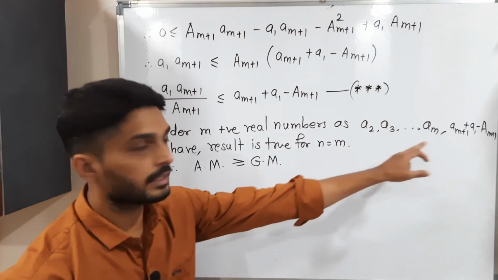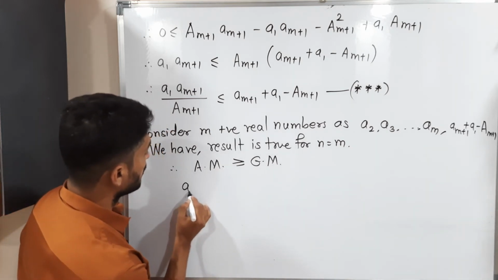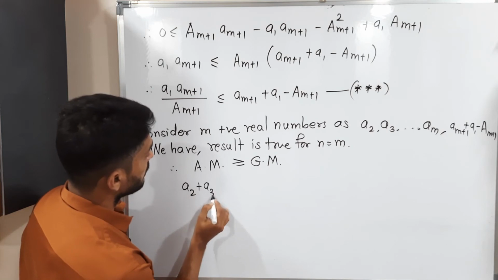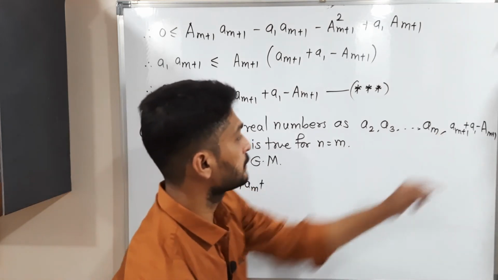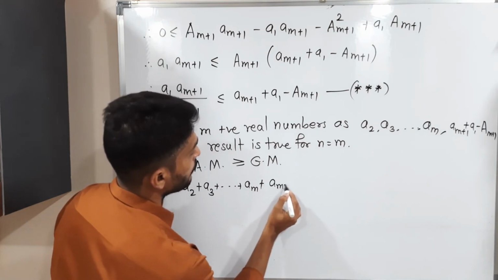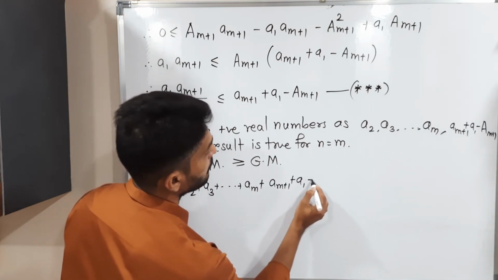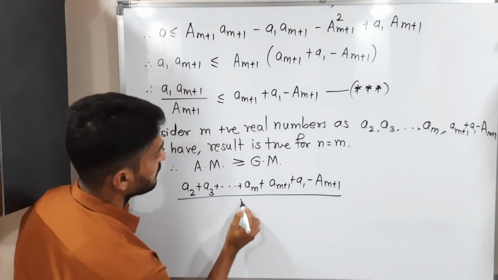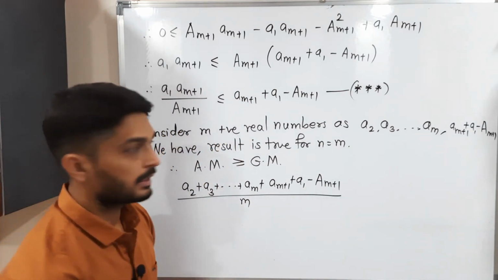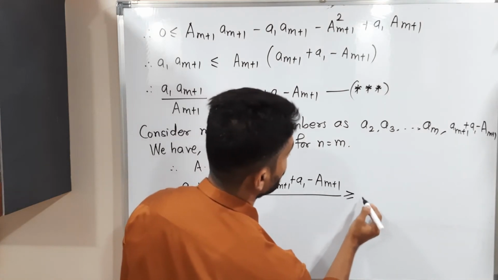So let us find their arithmetic mean. Arithmetic mean will be a2 plus a3 plus and so on a(m) plus this last real number A(m+1) plus a1 minus a(m+1), divided by m, since there are total m real numbers, which is greater than or equal to the geometric mean.